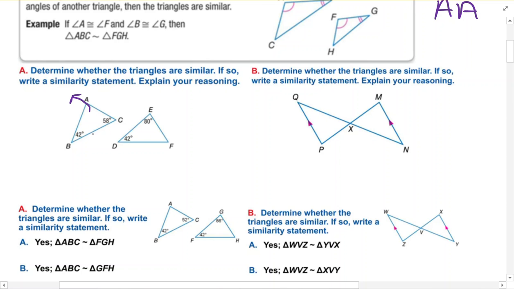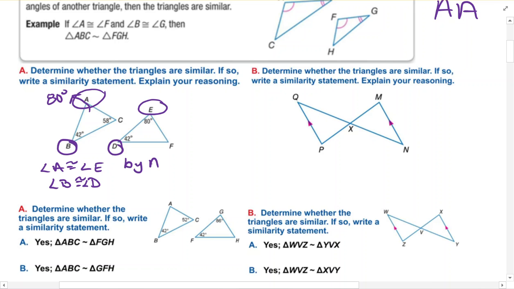If I add 42 and 58, which is angle B and angle C, I get 100 degrees, and 180 minus 100 leaves 80 degrees for angle A. So that shows me that A and E are congruent, and so are B and D. So since angle A is congruent to angle E, and angle B is congruent to angle D, by AA, I know that the two triangles are similar.